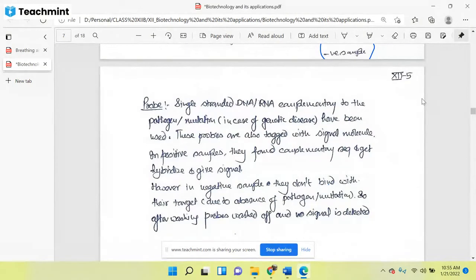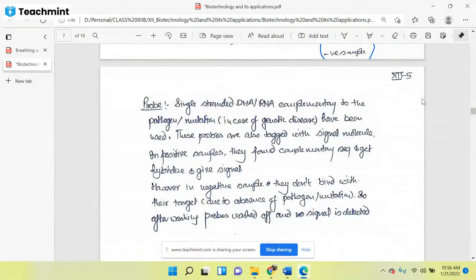And when we are talking about its application, mainly probes are used to detect any genetic disease or sometimes in cancer also. Okay, so what we are doing, a probe is a long stretch of nucleic acid, a single stranded stretch of nucleic acid. Either it could be DNA or RNA. Its size ranges around 20 to 30 nucleotides.